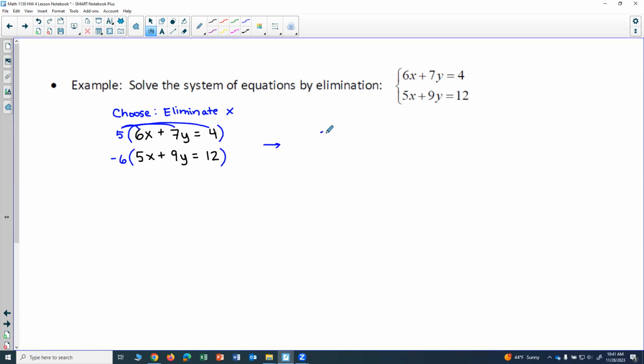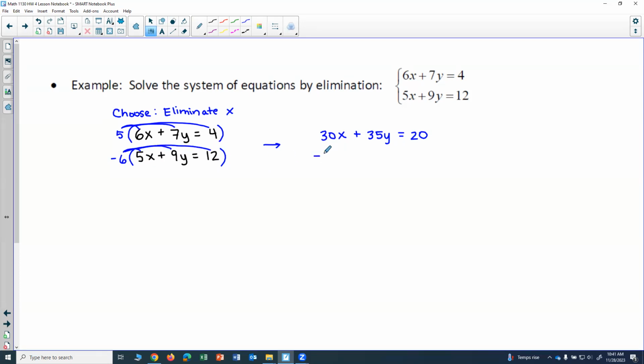So this will become 30x. 5 times 7 is 35, so plus 35y, and then 4 times 5 is 20. So every single term got multiplied by 5. Now the second equation, I'll distribute that -6. So -6 gets multiplied to 5, to 9, and to 12.